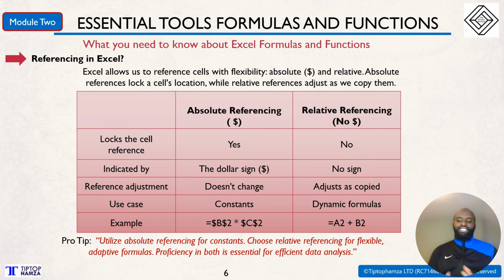You can tell the difference between absolute and relative references by using the dollar sign. The dollar sign is used in absolute referencing to lock a particular cell, meaning that the formula will only be referencing that cell that has the dollar sign, either on the column or the row.